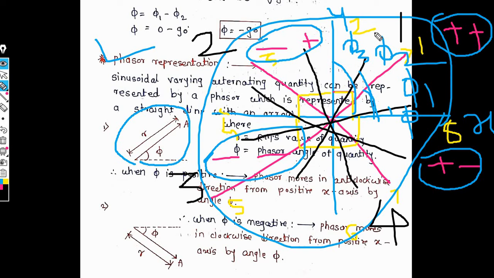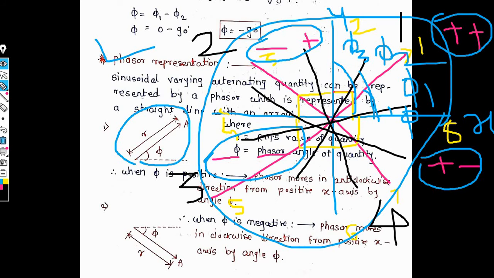Okay, now this is the whole concept of phasor representation. The direction of the angle phi, clockwise or anti-clockwise, is very important in phasor representation.